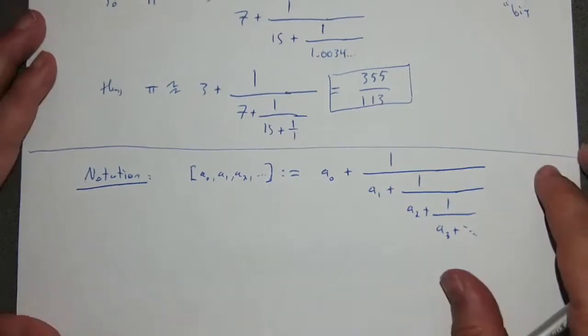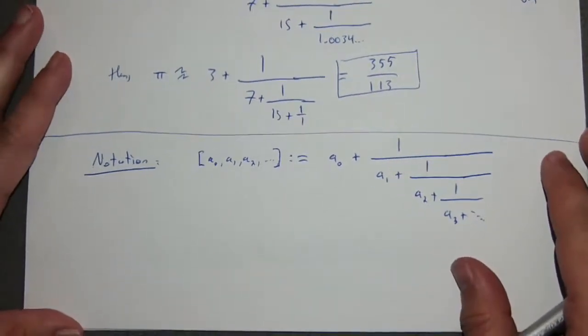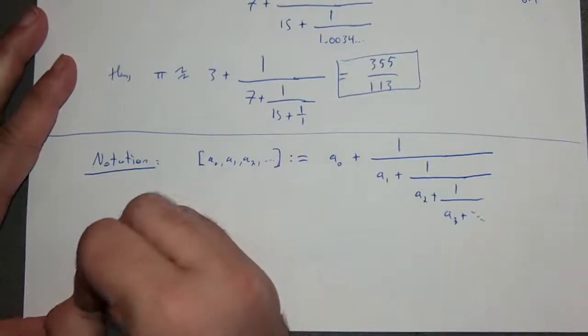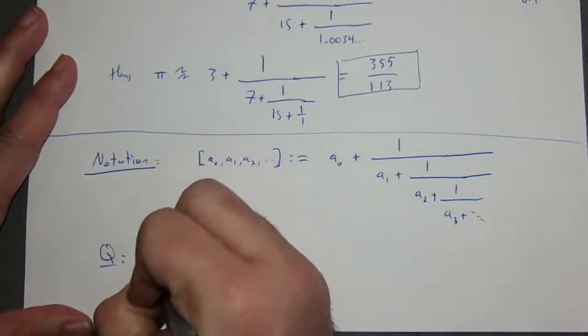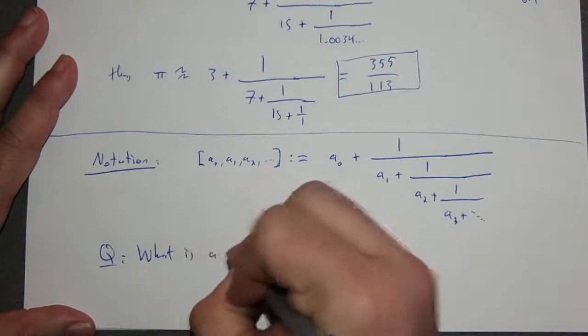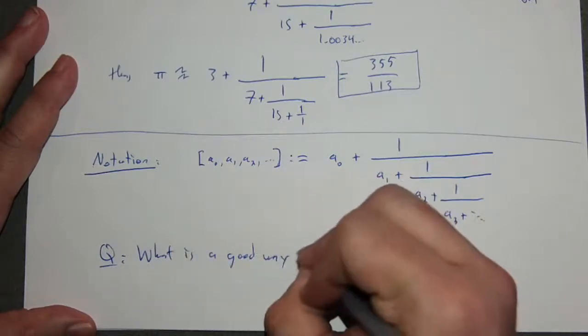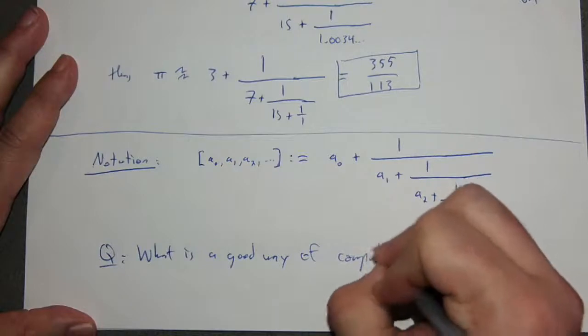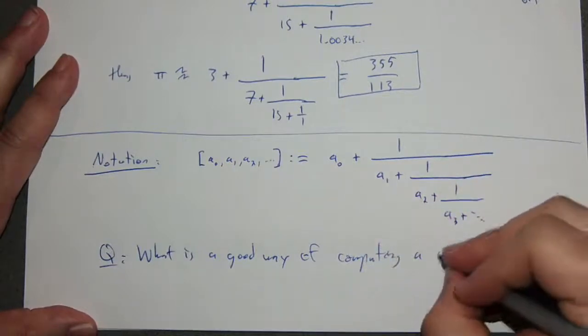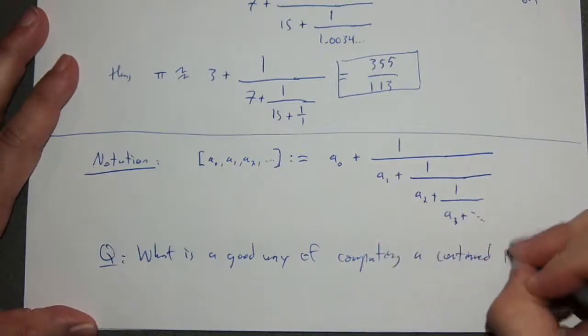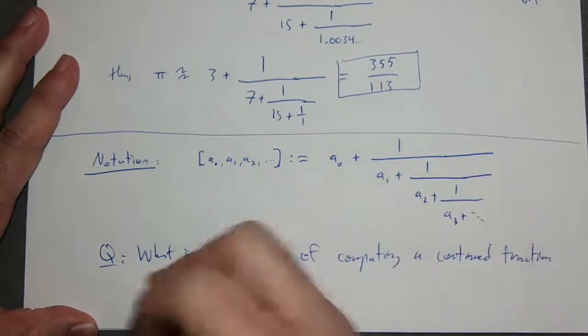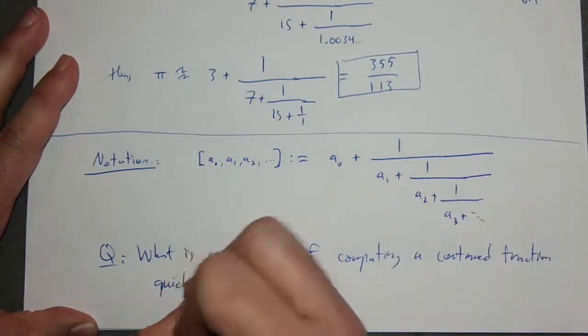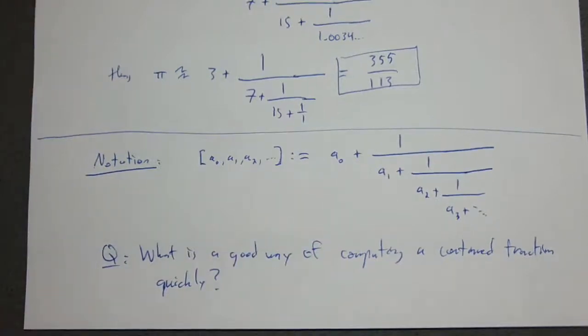Okay, so how do I compute these quickly? What is a good way of computing a continued fraction quickly? Because after you do a couple of examples of these, even if you only wrote out like 5 or 6 terms here, you will see that it is very, very annoying to compute.